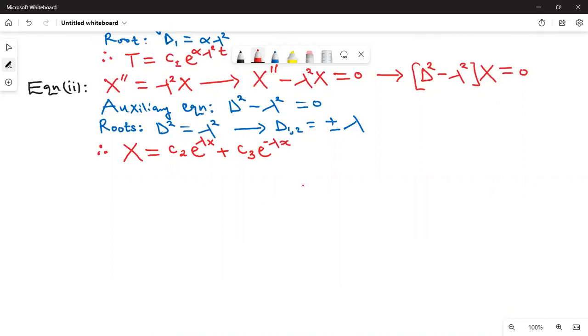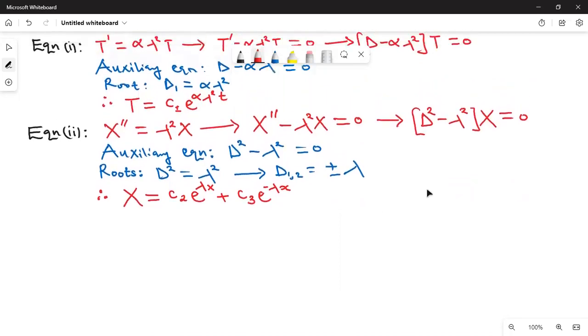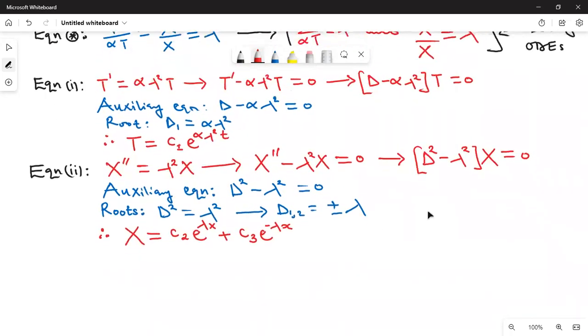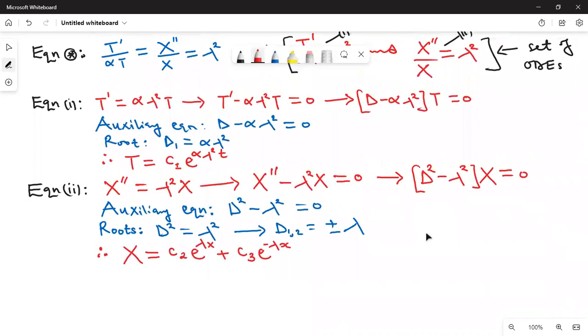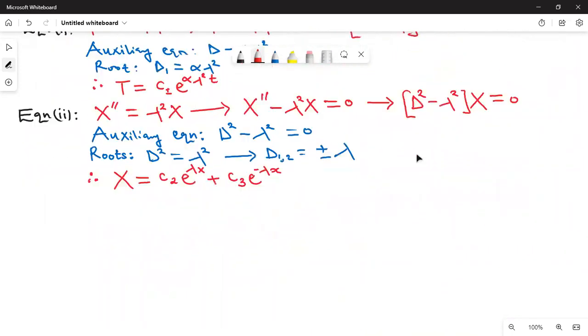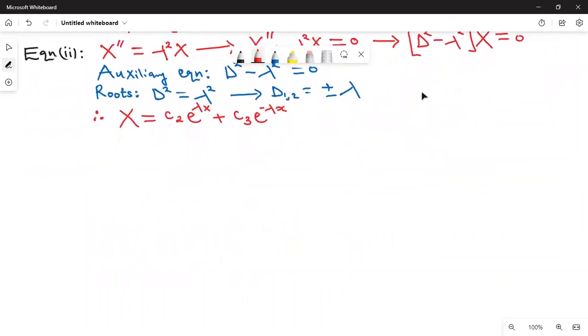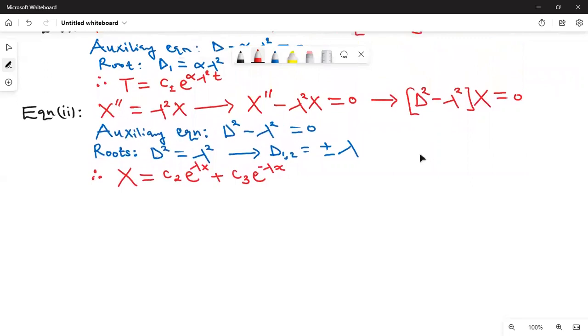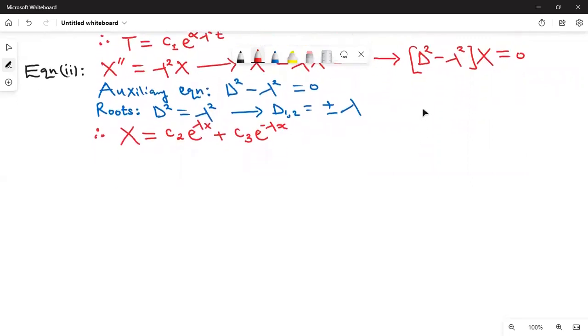Remember, our roots are real and distinct. And remember, lambda is not equal to 0. It's a non-zero real number. Now we know x, we know t. Let us replace that in our assumed solution where u is equals to x times t.